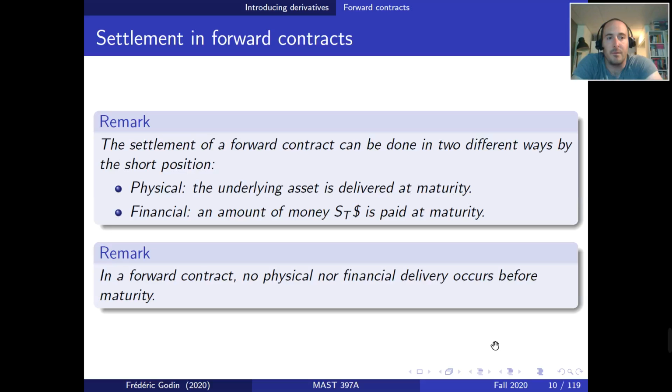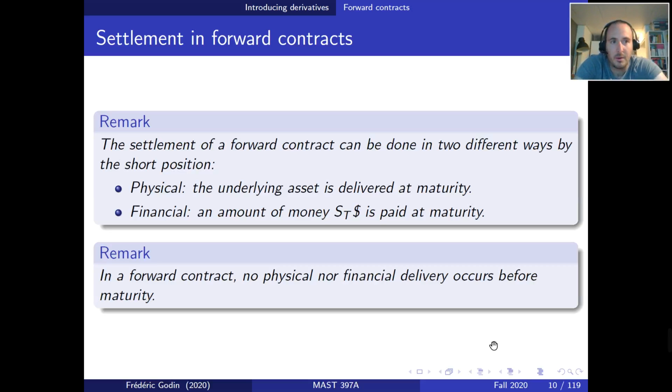In a forward contract that is financially settled, the short position will send that amount of money to the long position instead of shipping the cereals themselves. So sometimes it might be more convenient to send the value of the underlying asset in dollars than the underlying asset, because sometimes shipping the underlying asset can be pretty costly.